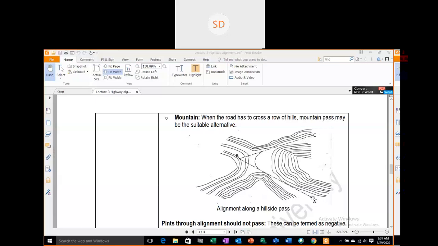Another thing is, the stability of the slope would also be much better, because in this situation you will not alter any portion of the hill. There would be a reduced amount of cutting and filling required in that particular section. So whenever you are constructing a road in hilly areas, always go for the mountainous pass, which is a suitable alternative to the straight path.